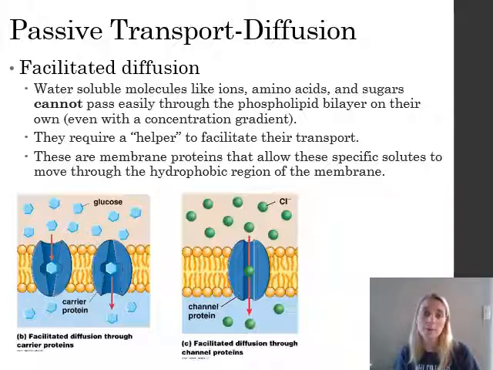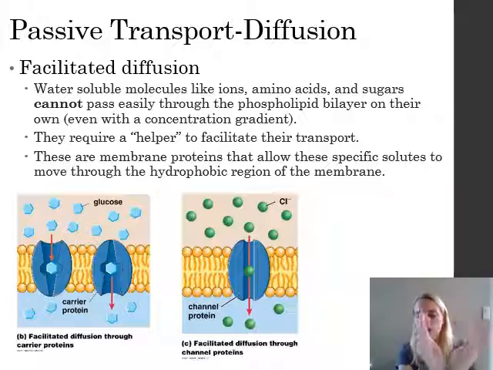The other type of facilitated diffusion, this membrane protein, is called a channel protein. So channels are just open. They're just like a tunnel. And so they're always open. They can be specific. So this one's specific to chlorine. If there's one for sodium, it wouldn't allow the chlorine through. So they're open, but they're specific for their solute that's going to move through, but they don't change shape.